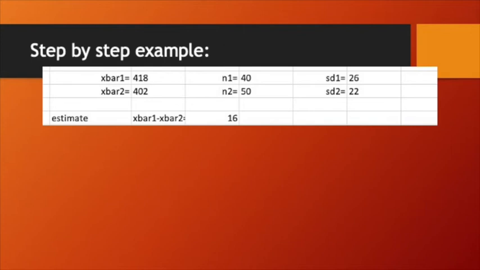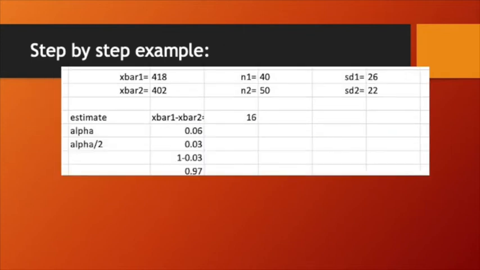Then we define alpha, which for this exercise, for 94%, is 0.06, and we are going to use this in the formula, alpha divided by 2, which is 0.03, which gives us 0.97 to the right.